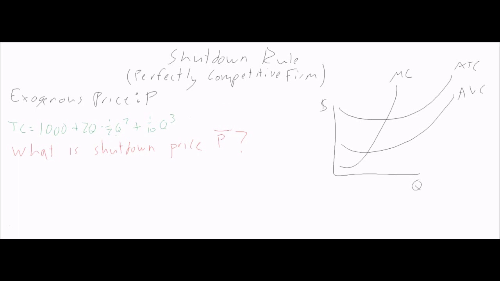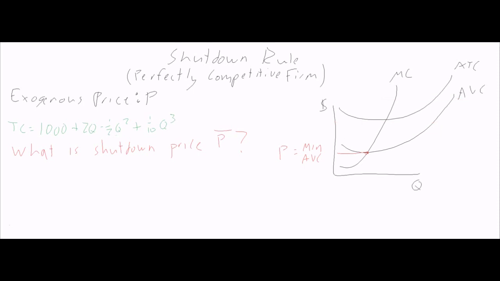Now, quick review, we are interested in this point here. The average variable cost is minimized. You see, if the price is equal to the minimum average variable cost, then our firm is able to pay all of its variable costs when it opens its doors. If the price is greater than average variable cost, and we're somewhere up in here, or here, or here, well then the firm is able to pay all of its variable costs and then some.